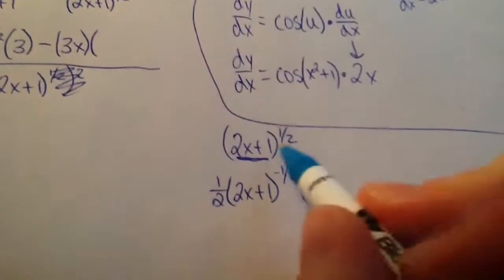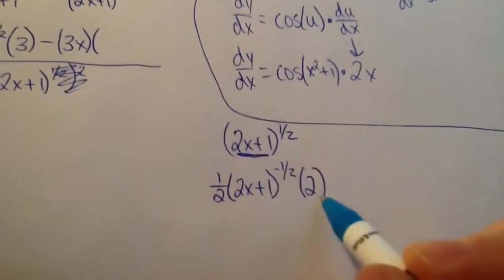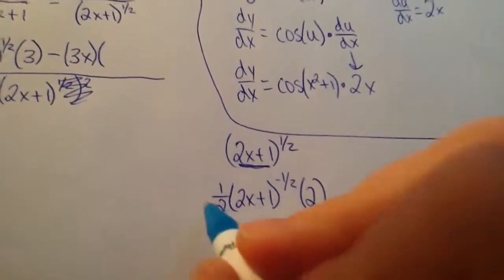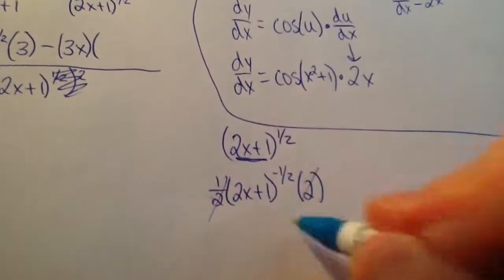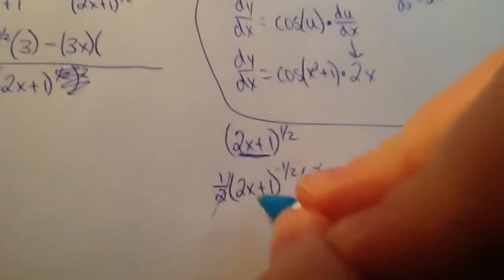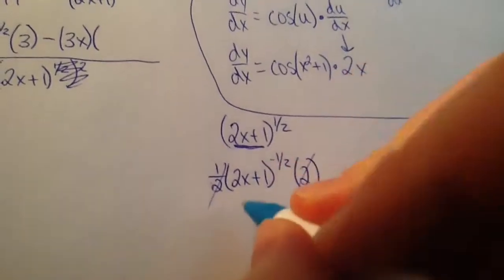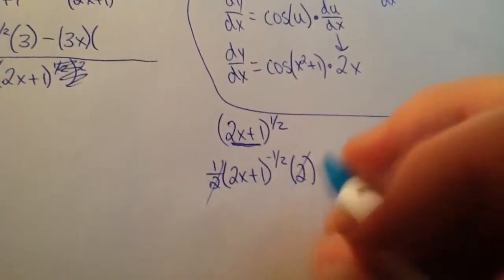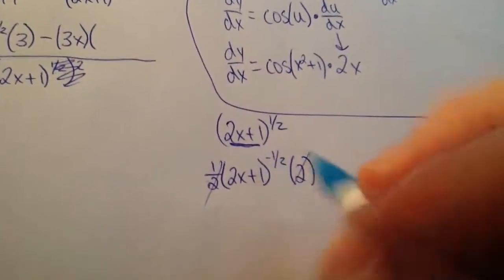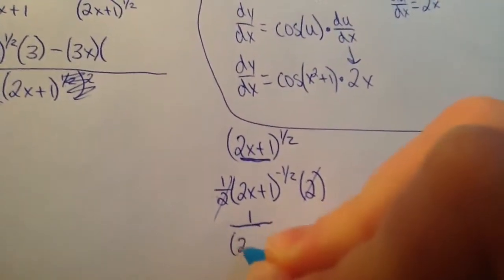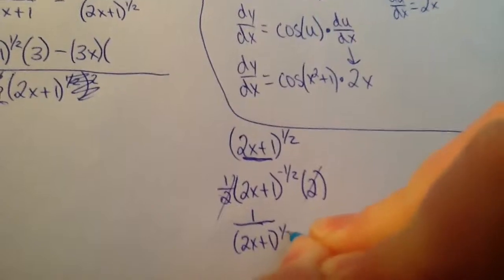So there, I've done it. Derivative of the outside is done. Multiplied by the derivative of the inside. Now I just simplify this. Well, 2 times 1/2 is just 1, so really those are gone. So I have 2x plus 1 to the negative 1/2 power, which we can leave like that, or it'd probably be best, we don't like negative powers, to write it as 1 over 2x plus 1 to the 1/2.